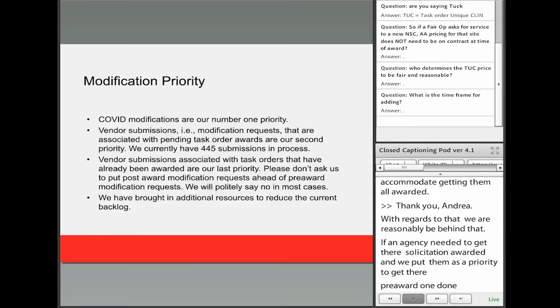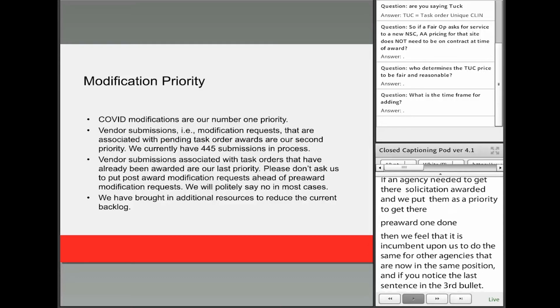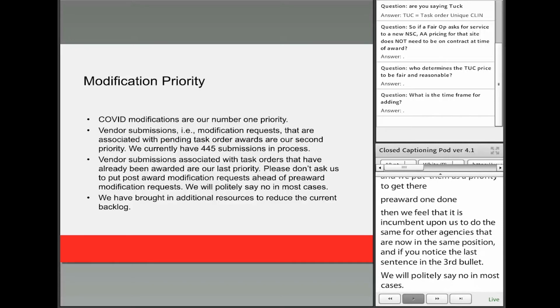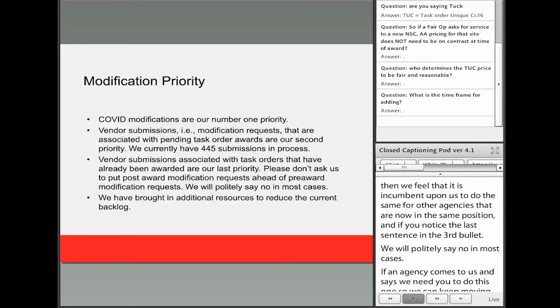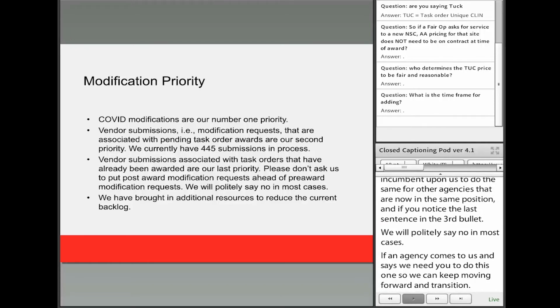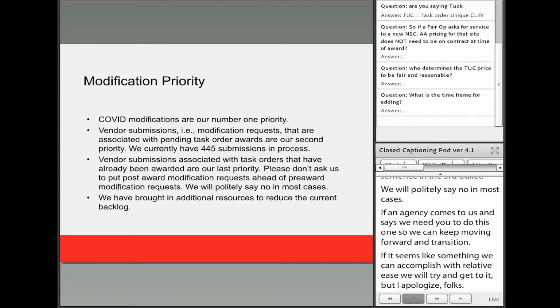If an agency comes to us and says, we need you to do this one mod so we can keep moving forward with transition, if it seems like something we can accomplish with relative ease, we will try and get to it. But I apologize, folks. We need to live by bullets 1 and 2. It seems like the only fair way to do this.